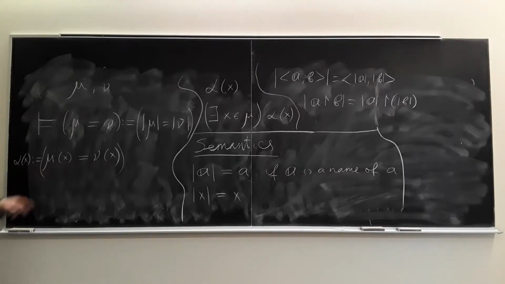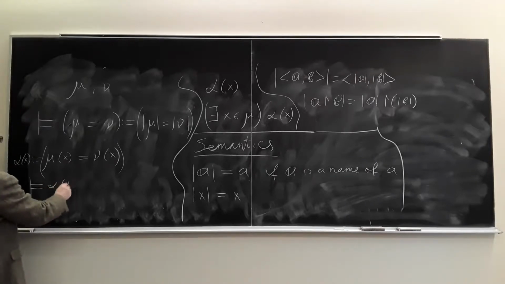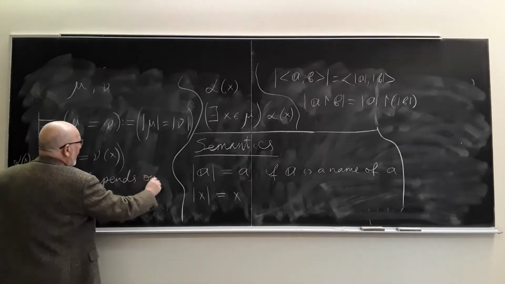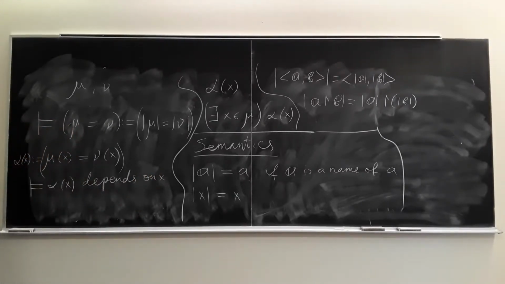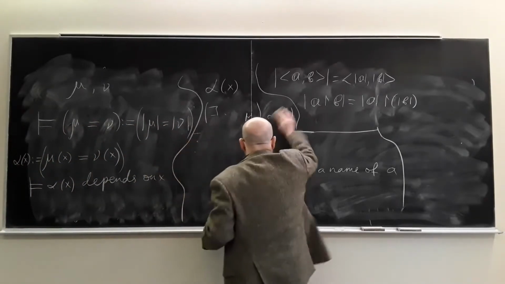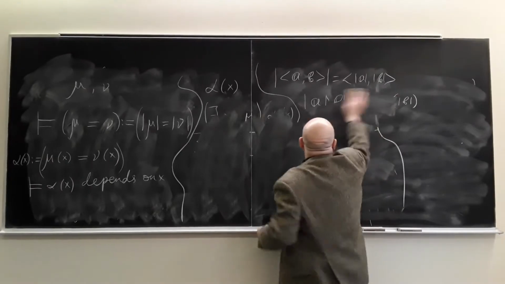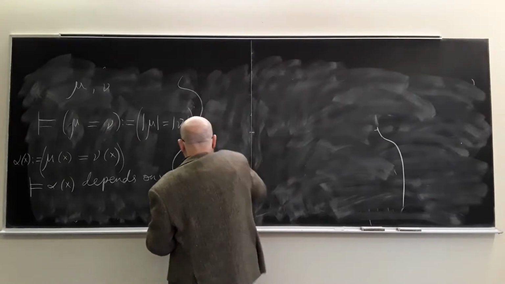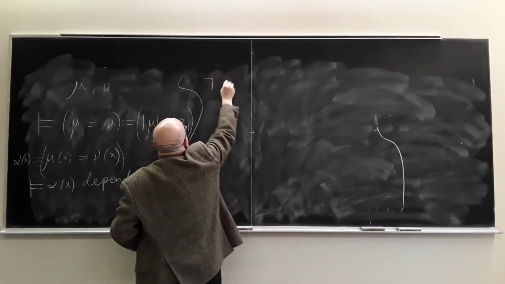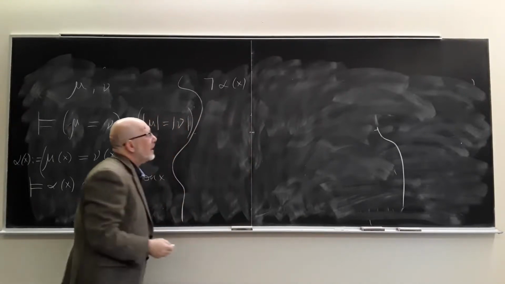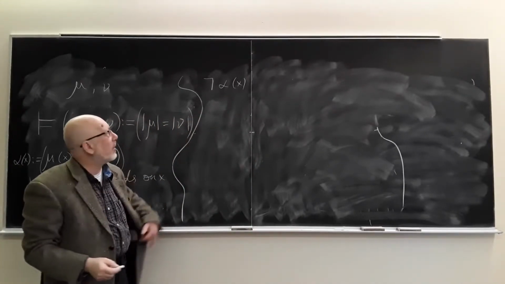In this case, alpha of x depends on x. Now, consider the negation of alpha of x. Now I write here x.